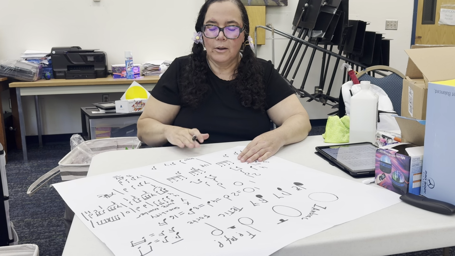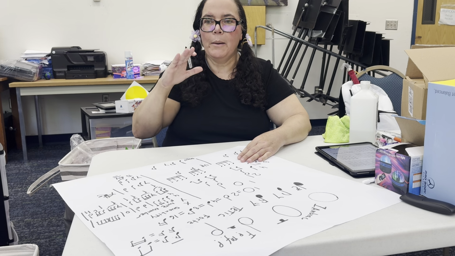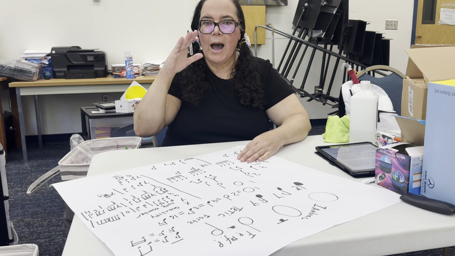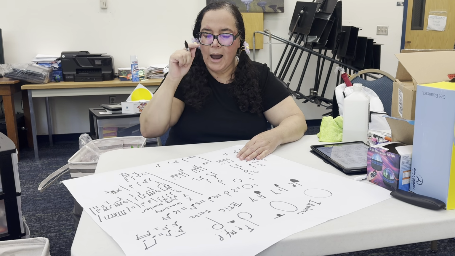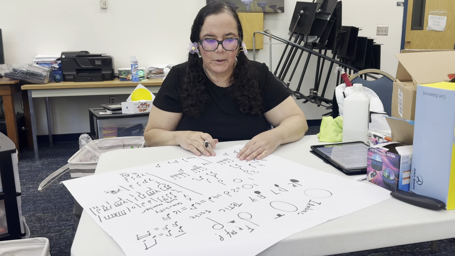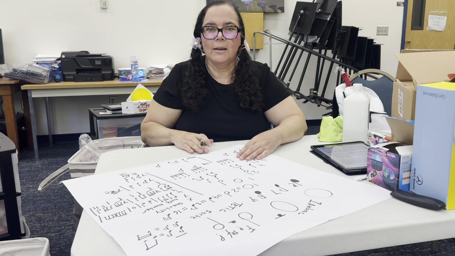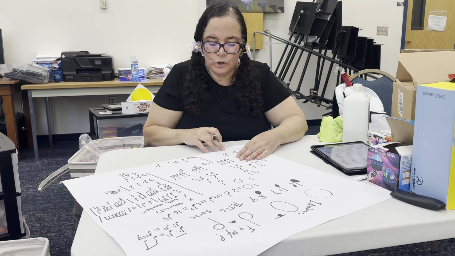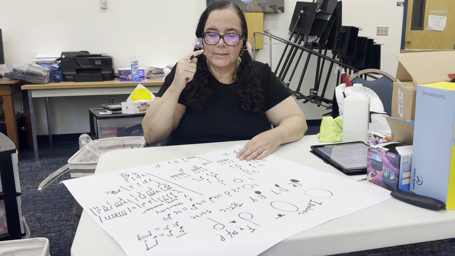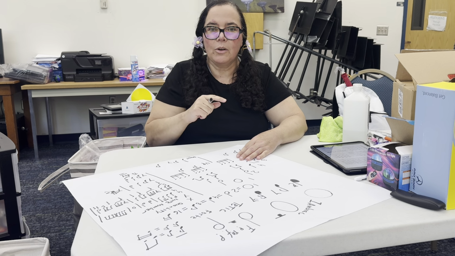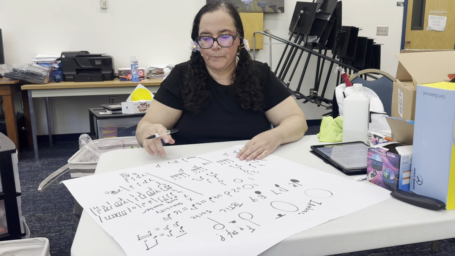So down, up, down, up, down, up, down, up, down. That up, down is the iambic. Here are the two syllables. The second syllable must be the strong syllable. So this is called iambic.